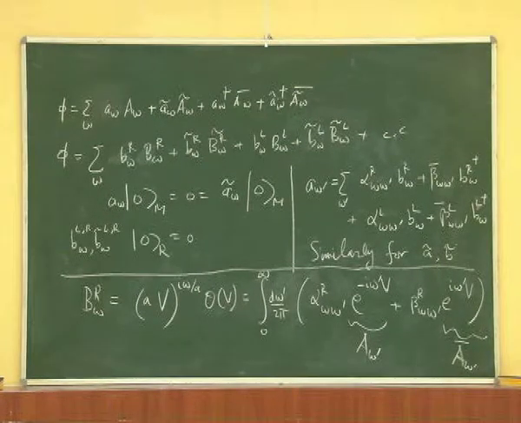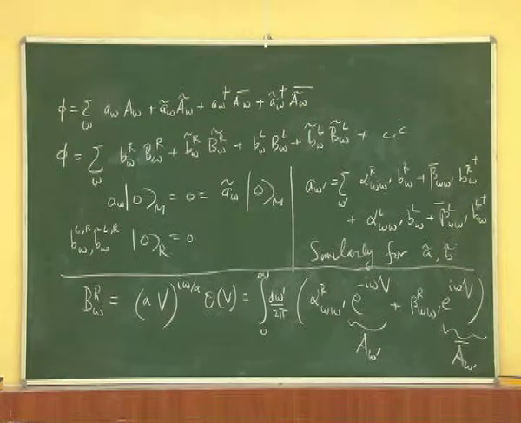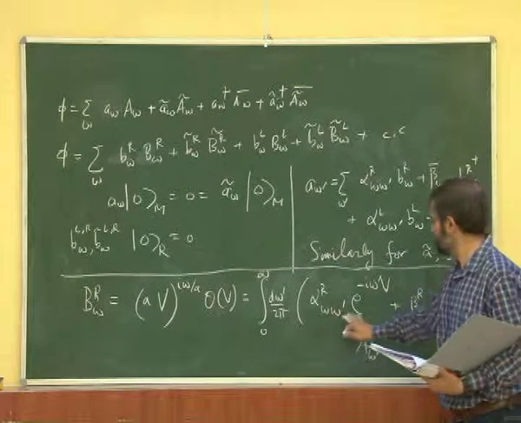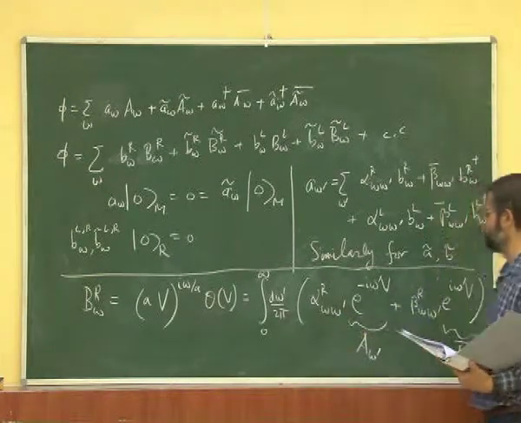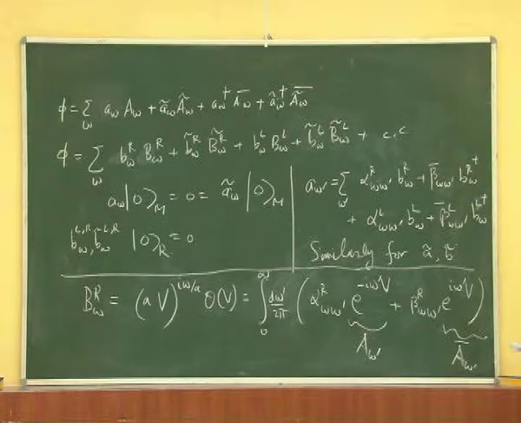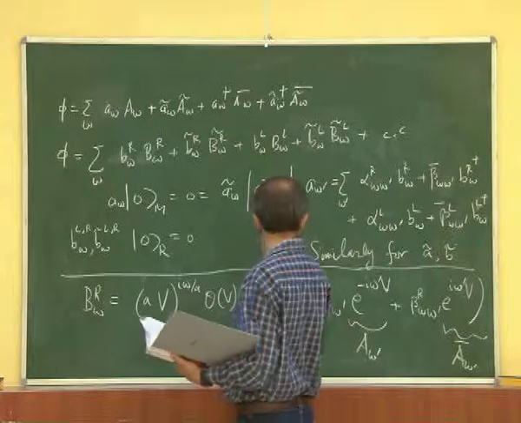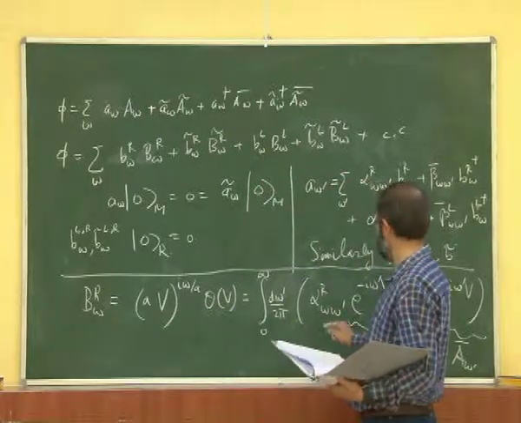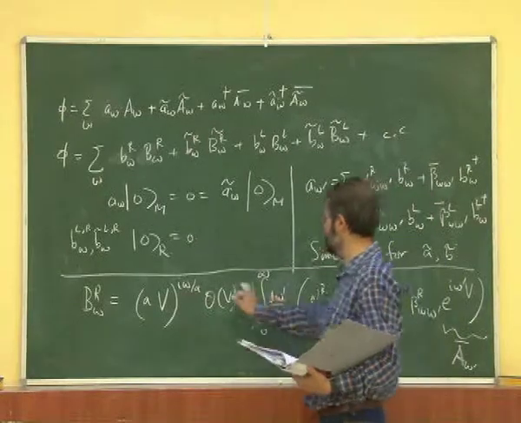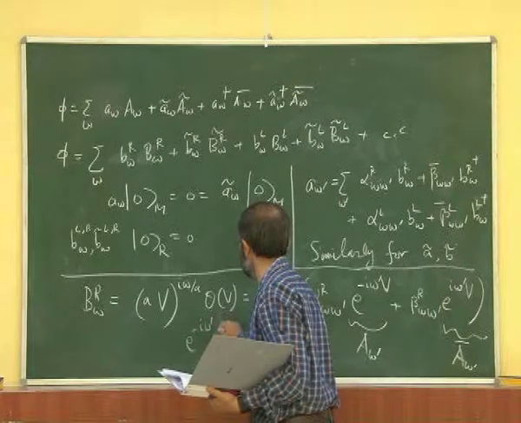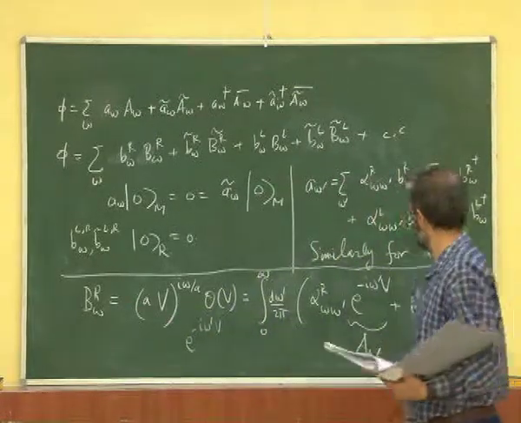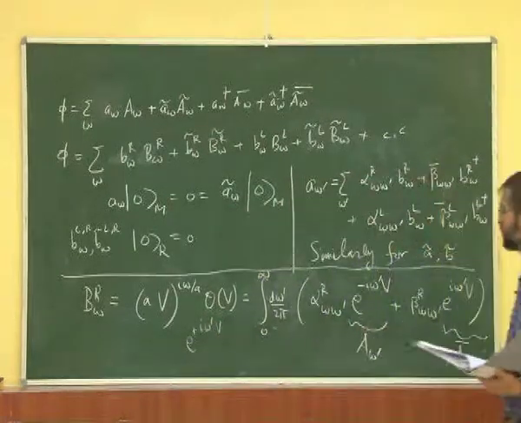But let me first tell you a little interesting puzzle, which is that suppose you have constructed these alpha and beta coefficients. After all, it is just Fourier transforms, and in fact you can give this to Mathematica, and Mathematica does it correctly. To find the alpha coefficients, you have to multiply this expression by e to the power plus i omega prime v and integrate over v.